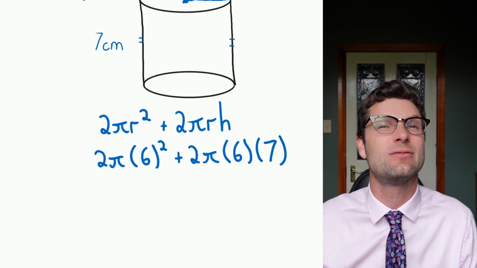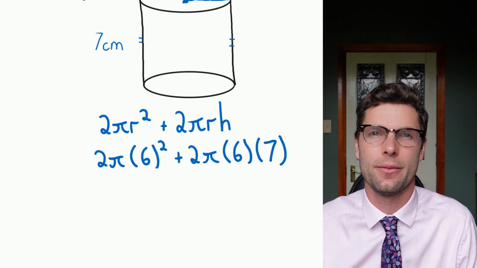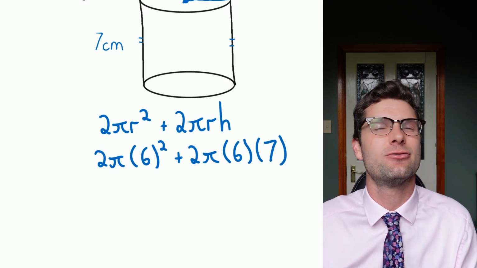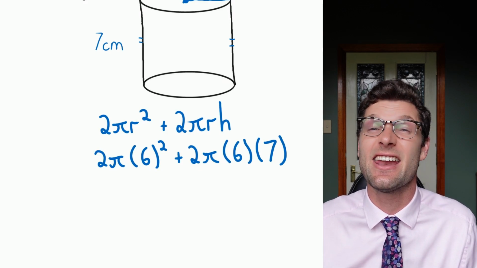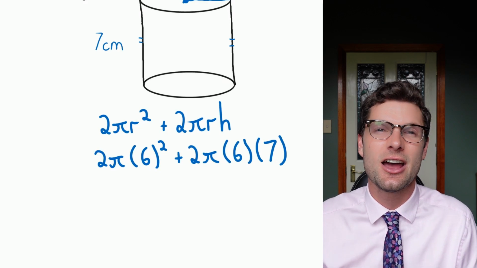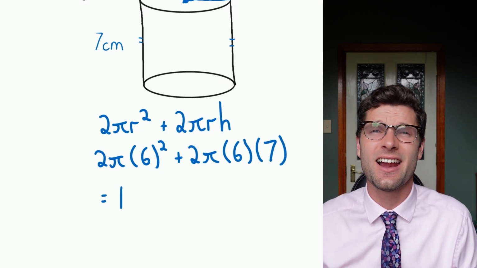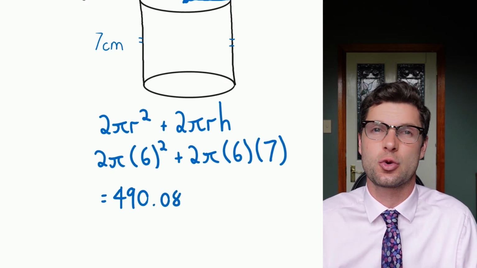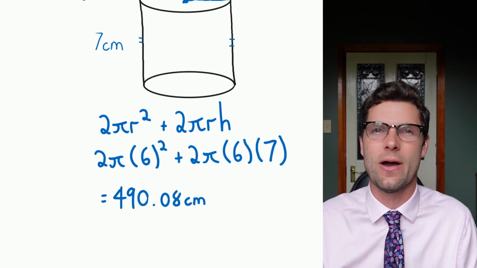It'll make sure that you miss any mistakes that could occur. So I would do this all in one step. You could do circles and then rectangle, but just do it in the one step in your calculator, and I think you'll find that easier. There's just no chance you'll make a rounding mistake. So for this one, if I just type it into my calculator, I get the answer of 490.08 centimeters squared. Again, area, always going to be squared.